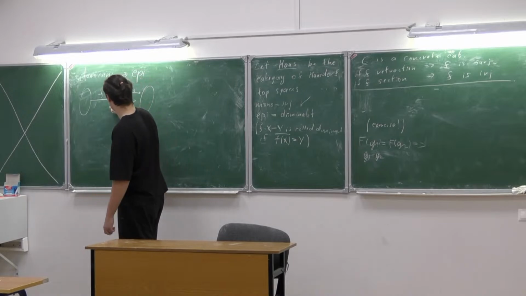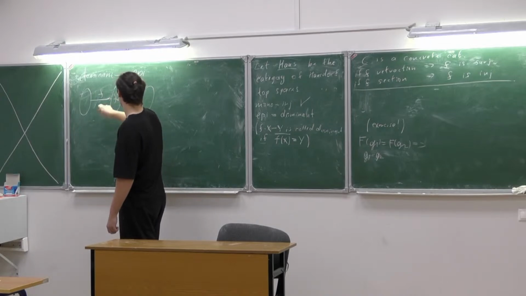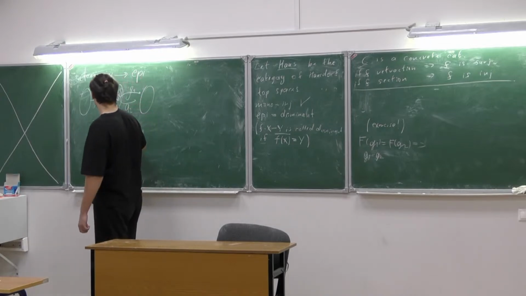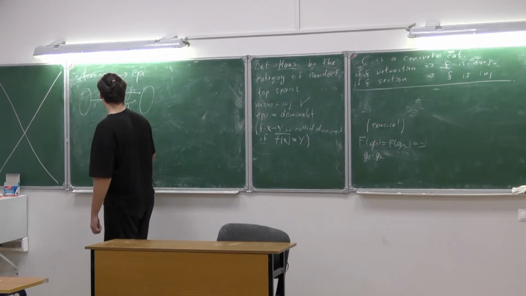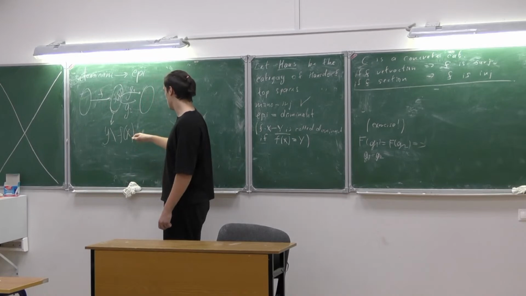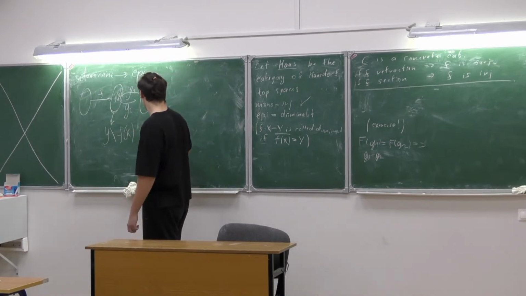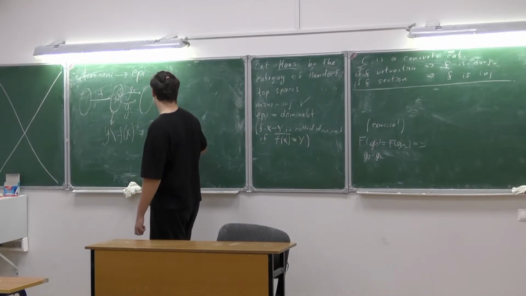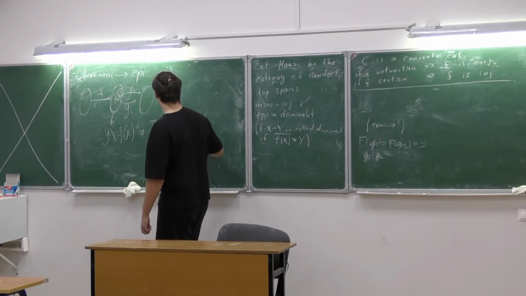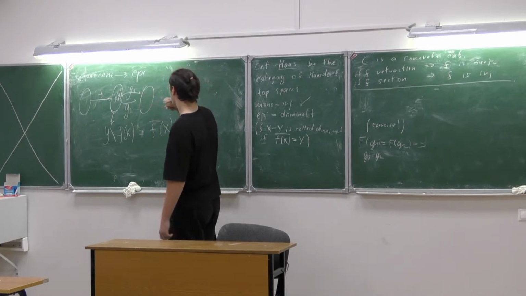We have that most of the space is an image of F, and this is the difference: Y without f of X. This is exactly f closure of X minus f of X.